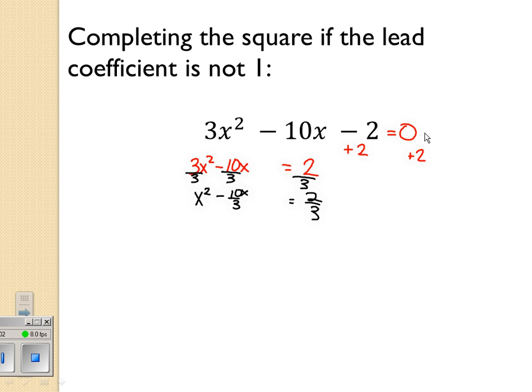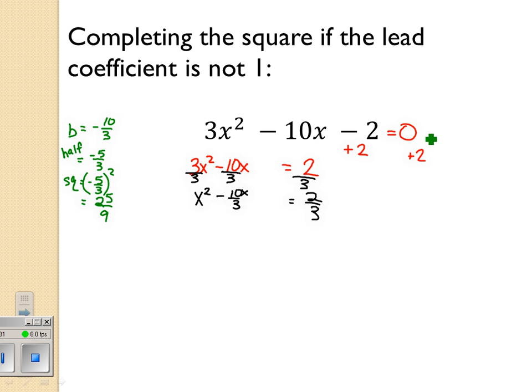Now we follow that same process we did in the previous problem. B this time is negative 10/3. So half of negative 10 thirds is negative 5 thirds. Square that, and you get positive 25 over 9.